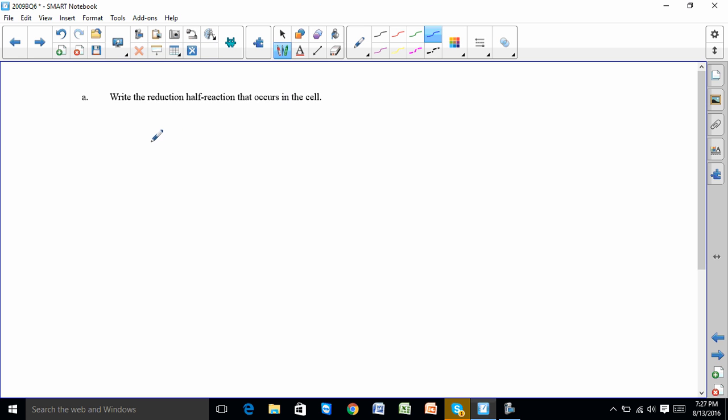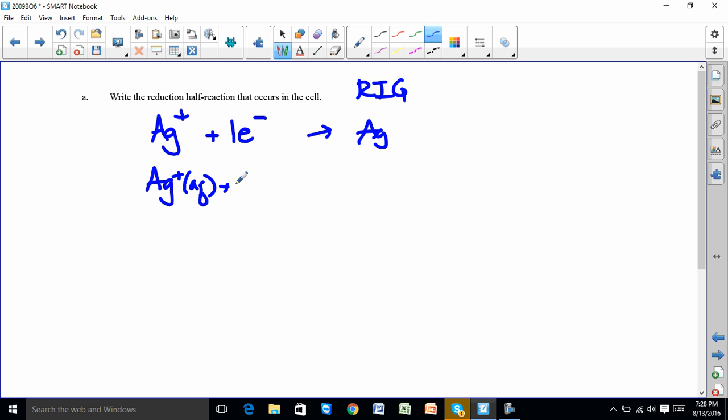So the reduction half reaction is silver ion picks up an electron, because reduction is gain, and turns into silver metal, which has a 0 charge. I think if you look at your reduction potential, you'll see something like this. They would take either of those.